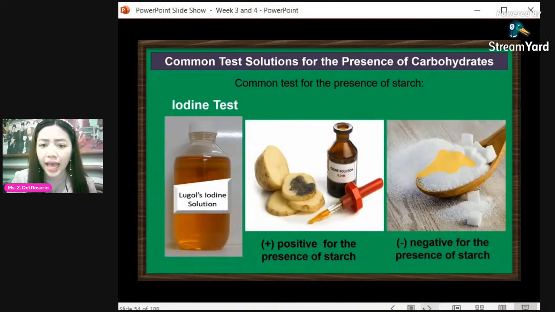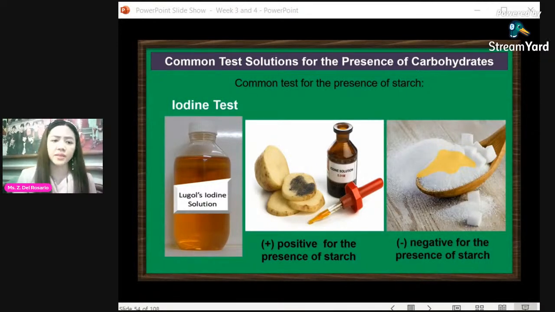And finally, the iodine test is the test used to determine whether there is a presence of starch. If it is positive and changes color, then there is a presence of starch. If it is negative, then there is no presence of starch. What do I mean by that? This iodine solution is used to detect complex carbohydrates, like starch.